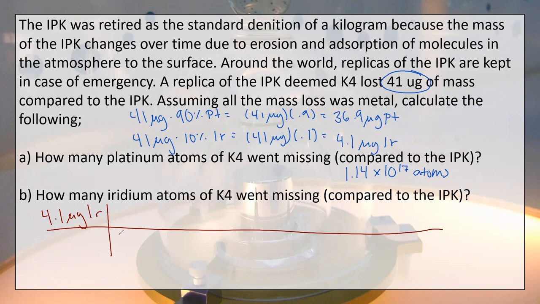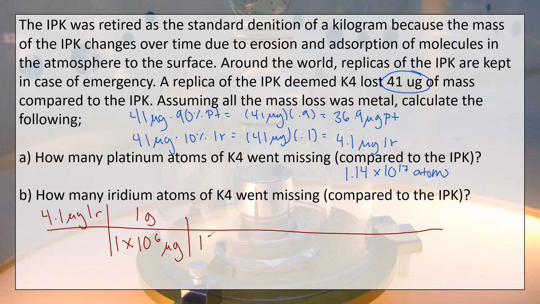And again, I remember that there are 1,000 micrograms in 1 milligram, or instead of going from micrograms to milligram to milligram to gram, you can do it the other way. 1 times 10 to the 6 micrograms is 1 gram, if this is easier to remember.